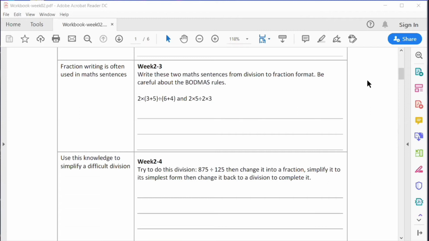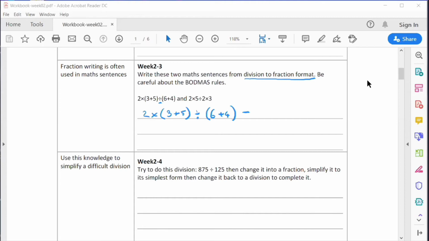Now, the first one, we know that we want to convert division to fraction. So first one, we got a division sign here. So we have 2 times with 3 plus 5 divided by 6 plus 4. Now, I don't want you to calculate really.